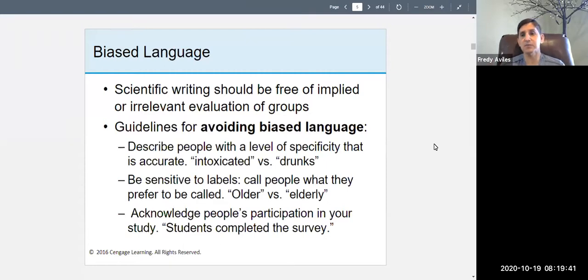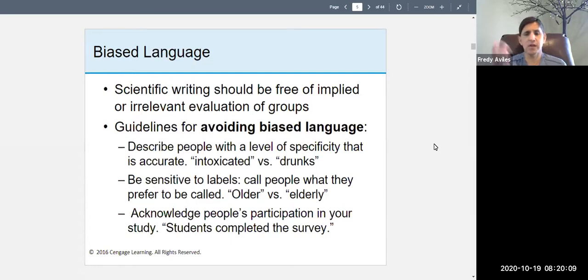Be sensitive to labels. Call people what they prefer to be called. Believe it or not, even saying that people are elderly is considered biased. Elderly, or even just calling people old. So you don't say that people are old, you say that they are older. You need to be polite in the way you refer to people.